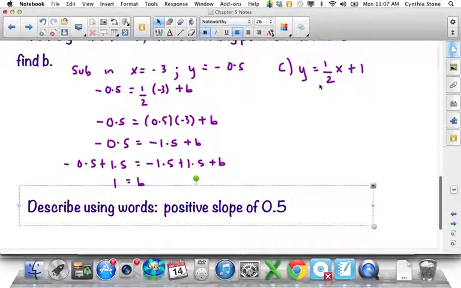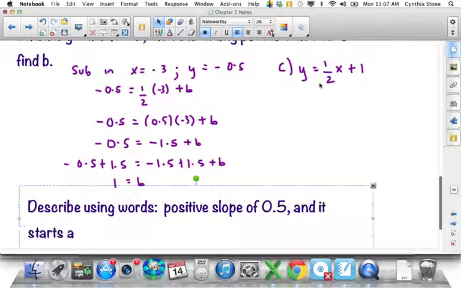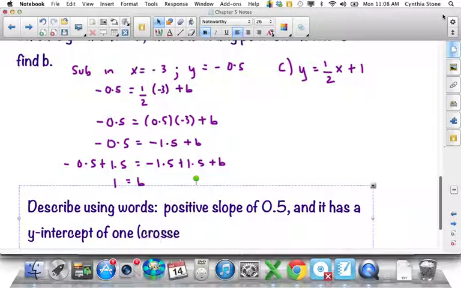Same thing. Something like that would describe it.